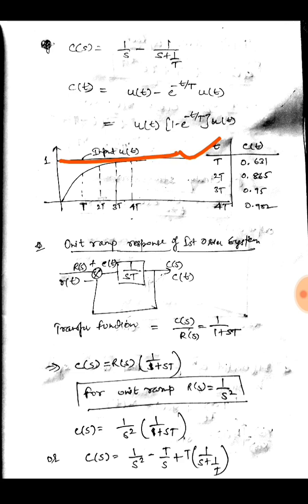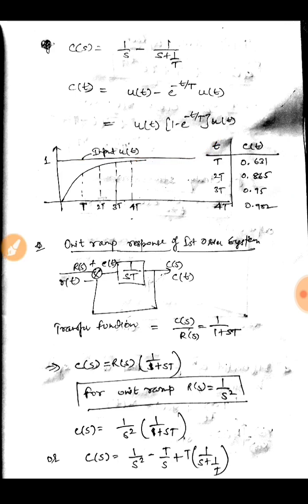That is 63% of the highest value at time T. At 2T it will become 86.5%, at time 3T it will become 95%, and at time 4T it will become 98.2% of the final value. So this is our response of the system, first order system, to a unit step signal.